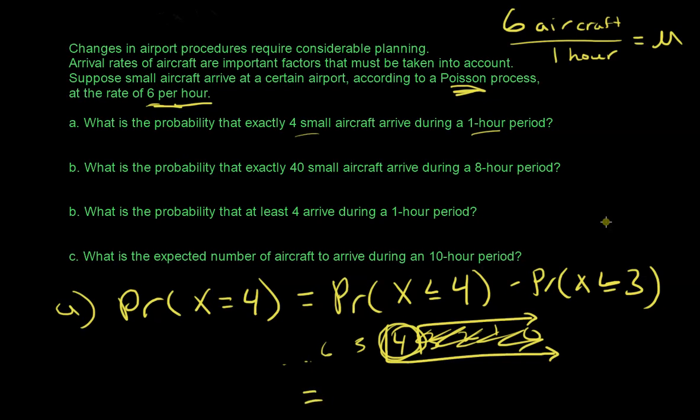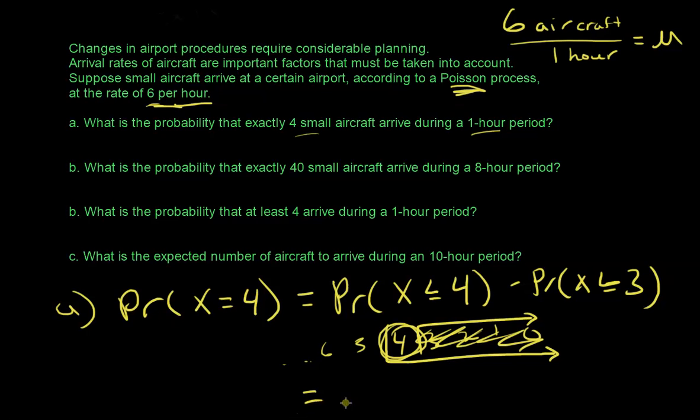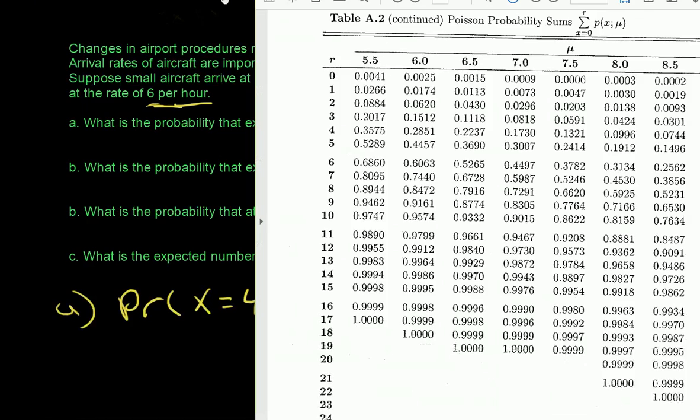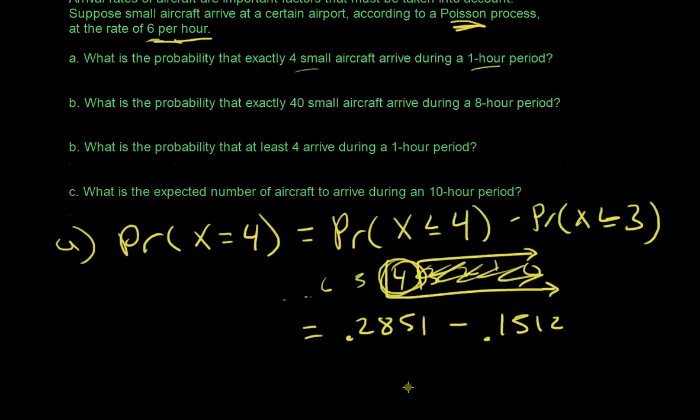So if I look at my table at the 4 value, what do I have? 0.2851. At the 3, when R is 3, what do I have? 0.1512. All right, let's go ahead and do that subtraction. 0.2851 minus 0.1512. Okay, and this is 0.1339.